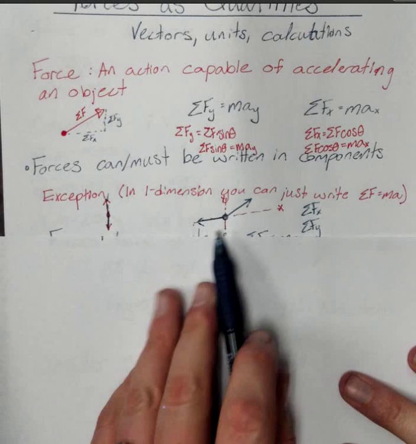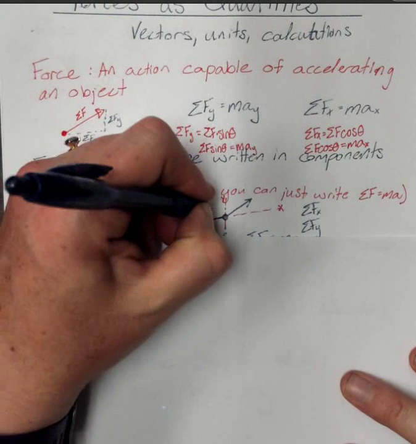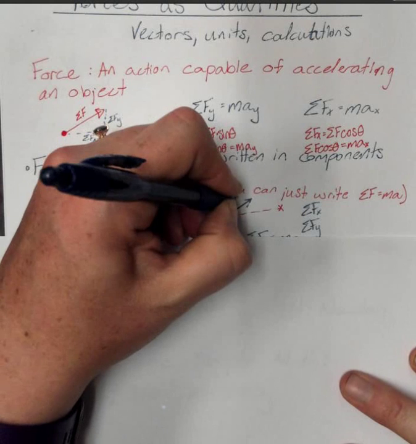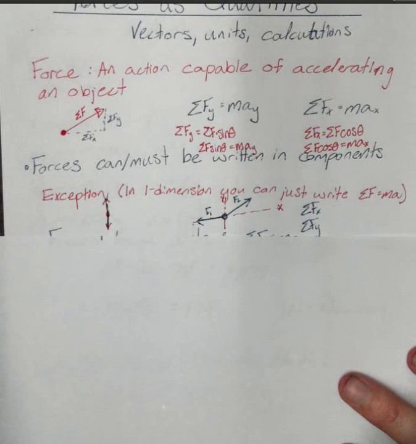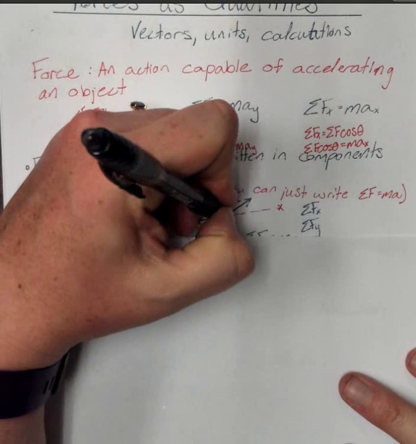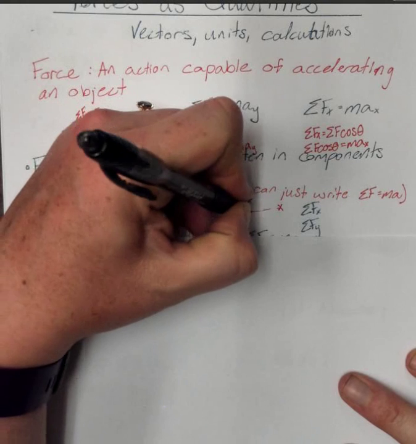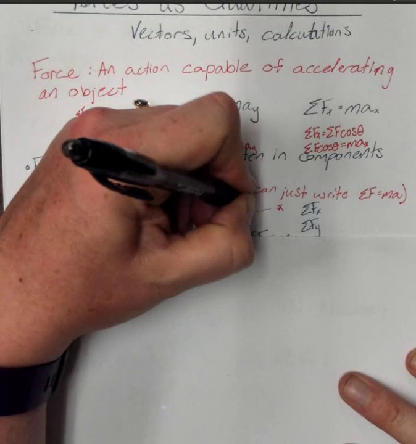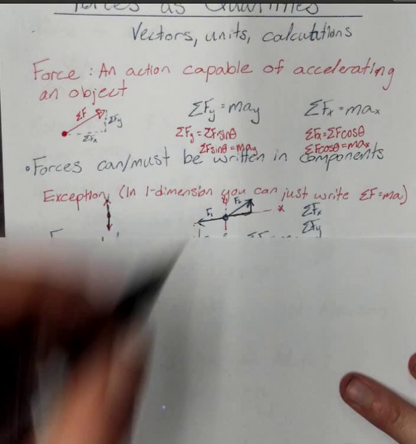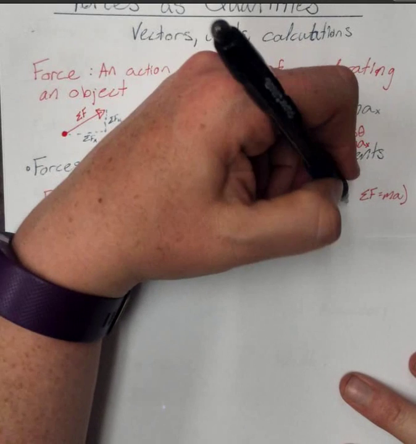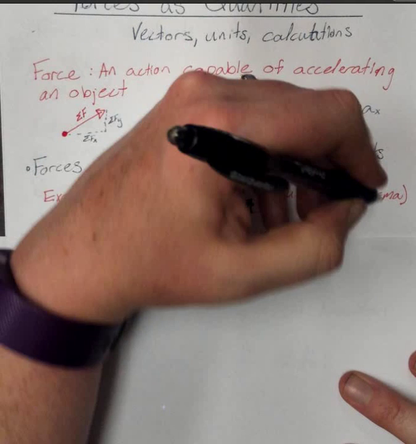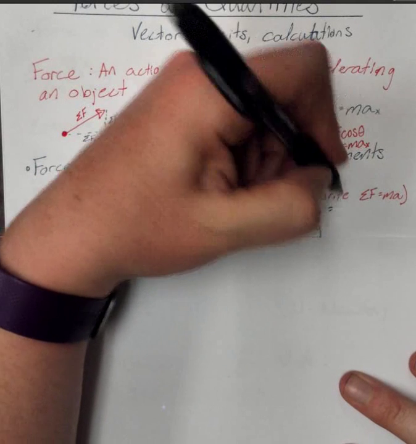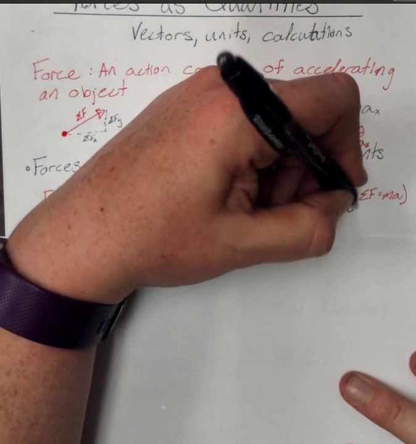So very quickly, if we labeled this F1 and we labeled this F2, then looking at the sum of all forces, we would be looking at the components for just the F2 force, which is not along one of the axes lines, and that would make the sum of forces in the x direction equal to the x component of F2, so that would be F2 cosine theta.